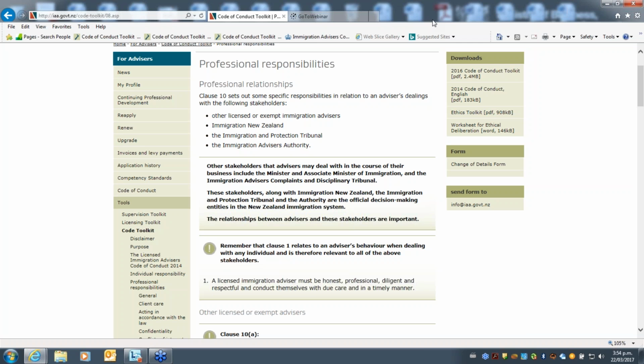You are a professional licensed advisor when you hold a license, and most of your clients of course are not going to be family members, and it may simply be better from a professional point of view, potentially also from a personal point of view. You need to consider what might happen if things don't go the way that they wish. So yeah, I would enter into those kinds of relationships with a great deal of caution.